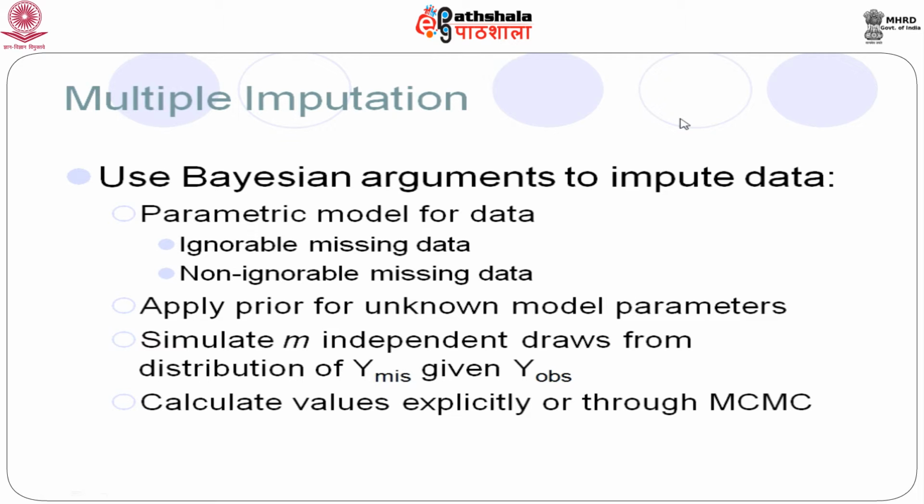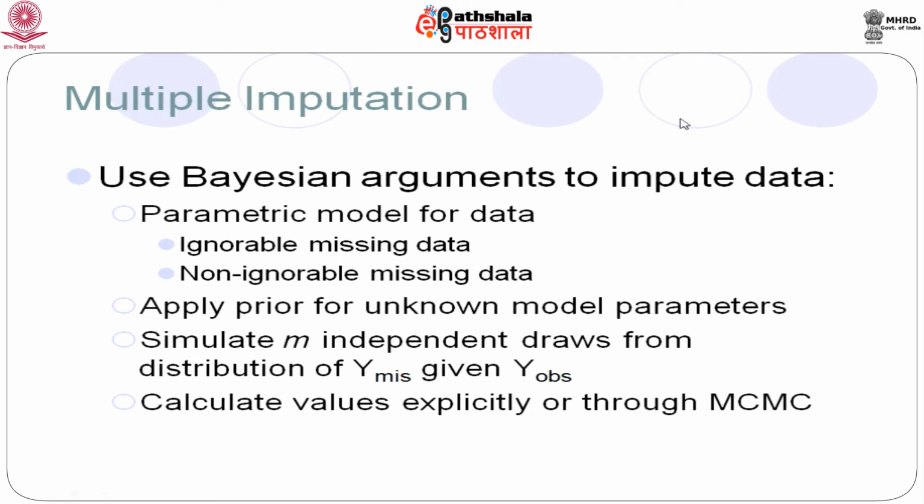Now, it is basically on the basis of the idea of Bayesian arguments. So what we do is we consider a parametric model for the data, and it may include ignorable missing data or non-ignorable missing data in the model. Then we look for the prior for the parameters appearing in the model. As I said, this is based on Bayesian arguments.